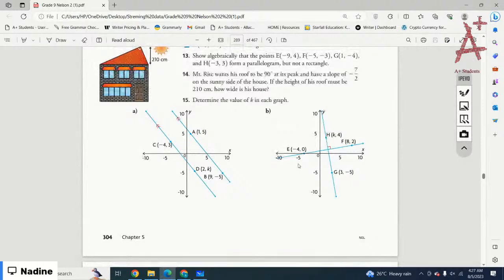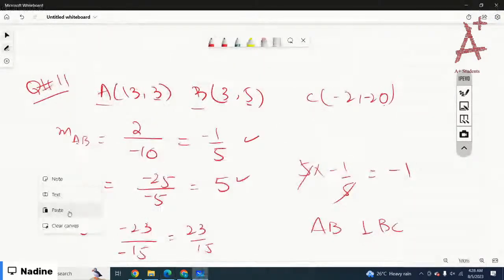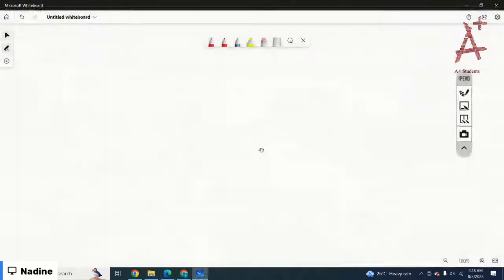So you are given the graph, you have to calculate the K. Let's just calculate their slopes first because they are parallel. For the A part, they are parallel. Their slopes must be equal, right? So we can calculate the slope, equate them, and calculate the value of K.